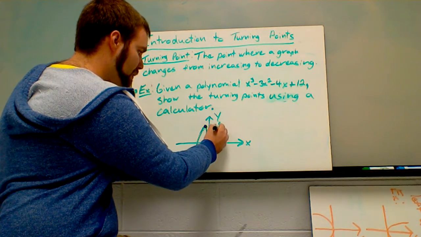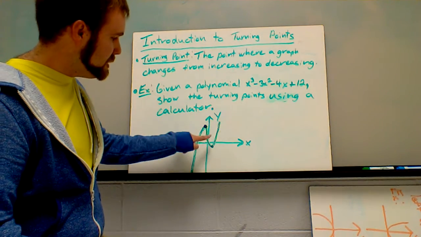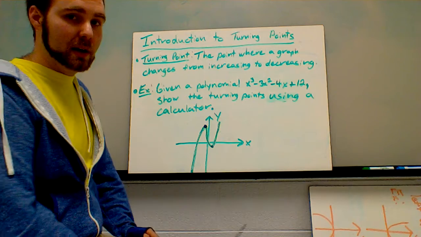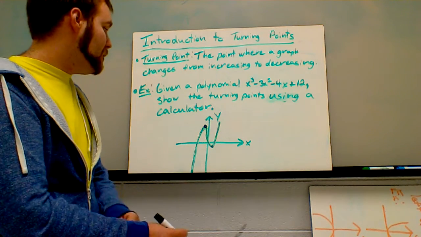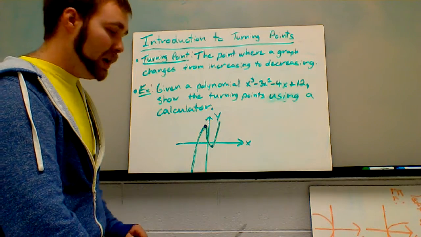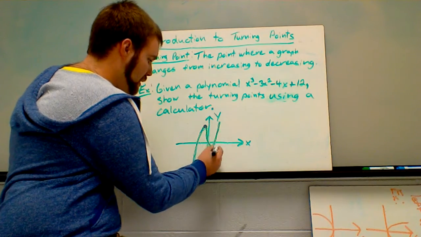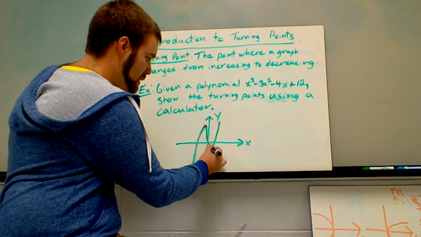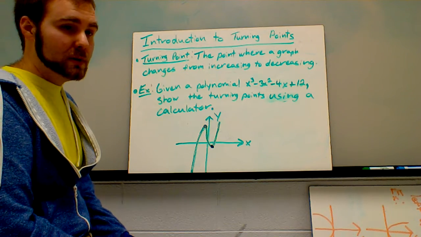It keeps going on forever like that. So I go from increasing to decreasing and then back to increasing again on my y values. So we're looking at the increasing and decreasing of our y values. You have two turning points, just this big black dot right here and this big black dot right there. So those are our two turning points.